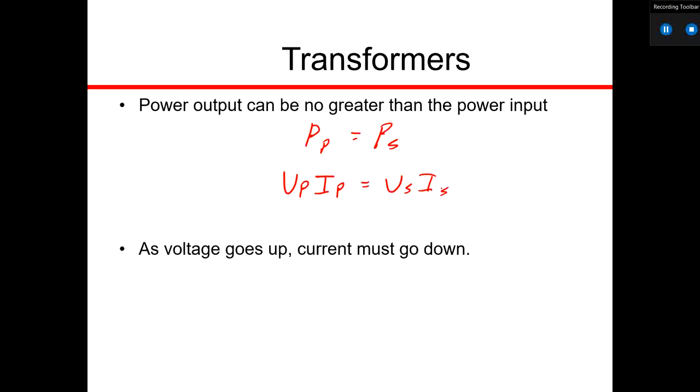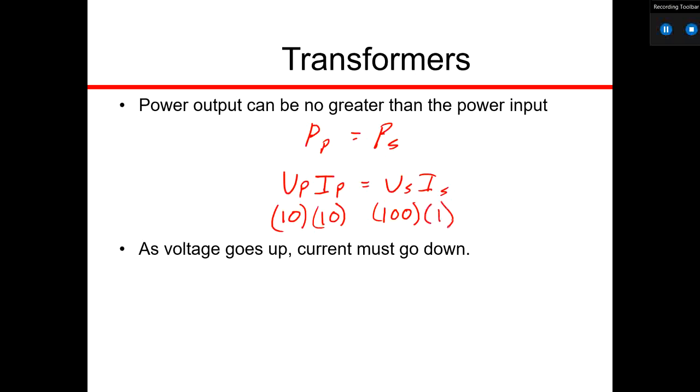As we can see from this equation, if, for example, the primary current was 10, the primary voltage was 10, and the secondary voltage was, let's just say, 100, then you can see that if we increase the voltage, in order for this equality to hold true, the current would have to drop.